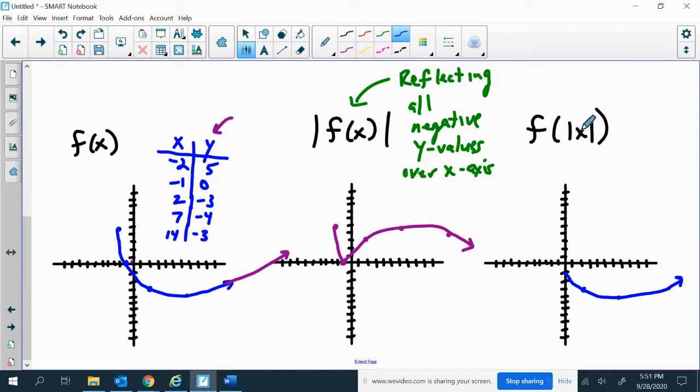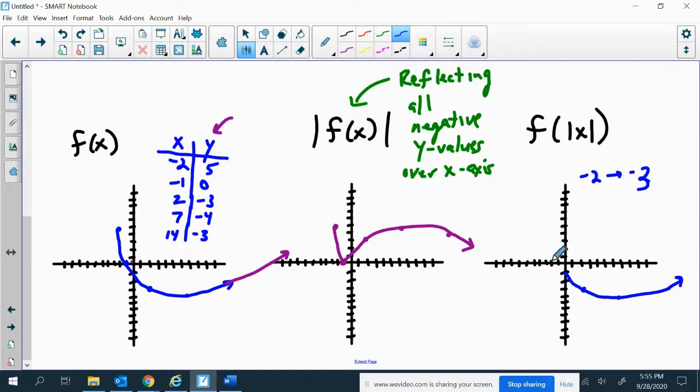So we have a graph that over on the right side of the graph looks identical. Now what happens is, as I start to substitute in negative x values, the y values that are associated with the positive x value are what we see. So if I sub in -2 for x, I'm going to end up getting the same y value that I would get if I subbed in +2 for x. So I'm going to end up getting -3 as my y value if I sub in -2.